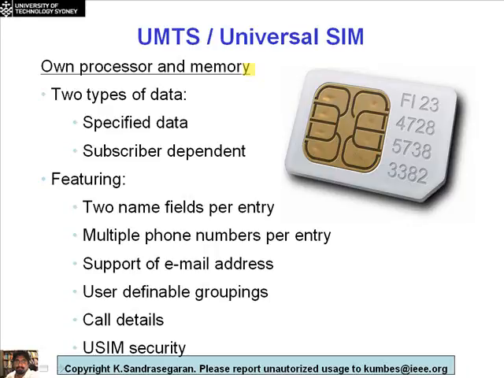You can also have multiple phone numbers per entry. So with one entry, you could have their mobile number, their home number, their fax number. All of those could be kept in one entry, so you don't have to create multiple entries like you do in the current GSM network. It also supports email addresses, so for every entry you can also have the email address. So essentially, it gives you more flexibility. And you can also have definable groupings and so forth.